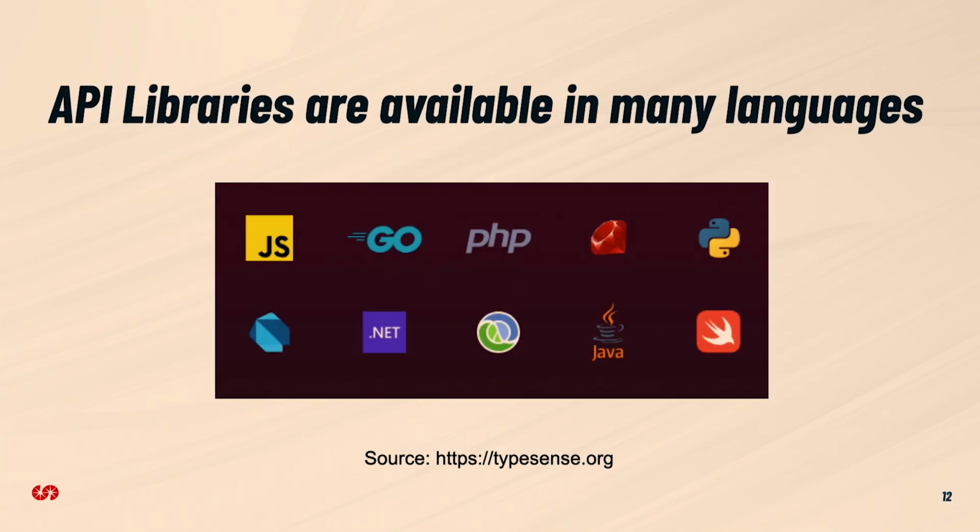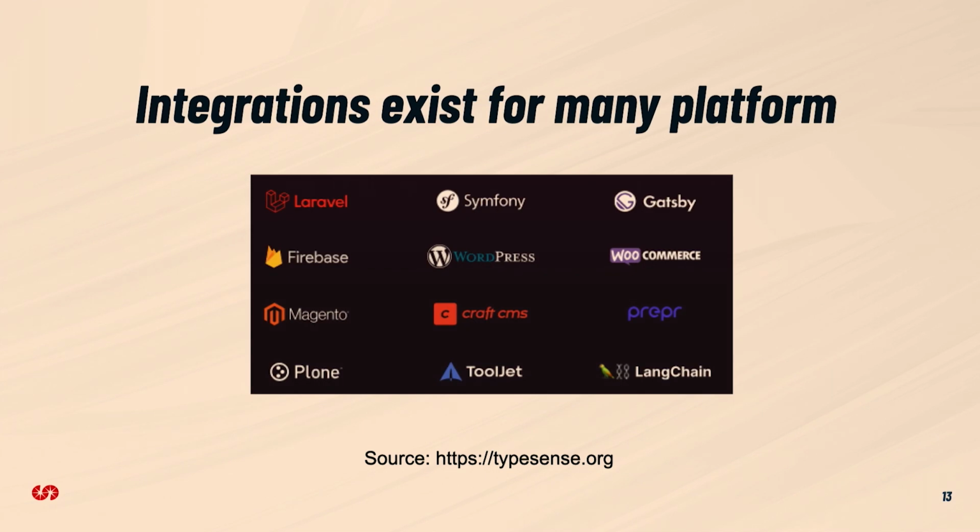You can interact with Typesense in many languages if you don't want to use the raw REST APIs. Of course, PHP is one of the languages that they support directly. And it is integrated in many platforms like Laravel, Symfony, and many others, but not Drupal.